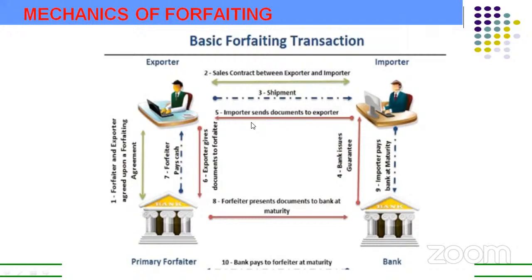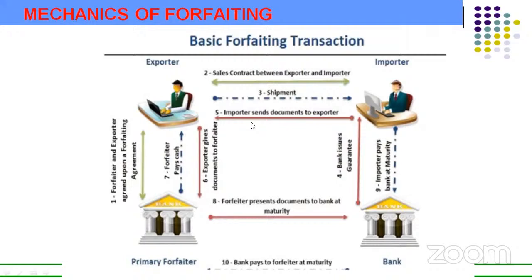This negotiable instrument with unconditional guarantee is sent by the importer to the exporter for further process. The exporter, after receiving the documents, will give them to the forfaiting agency for discounting and paying cash. The forfaiting agency will discount the negotiable instrument and remit cash to the exporter's bank.